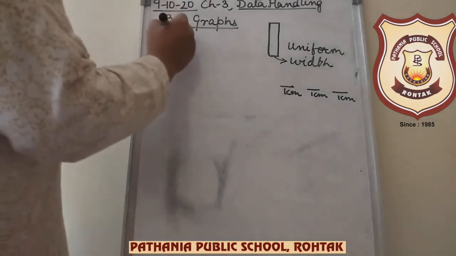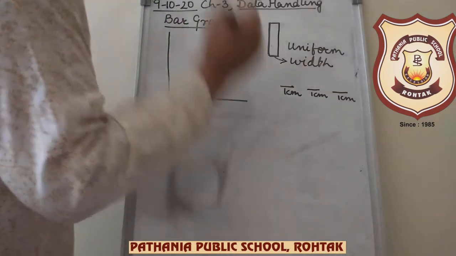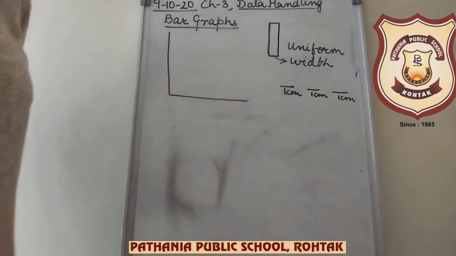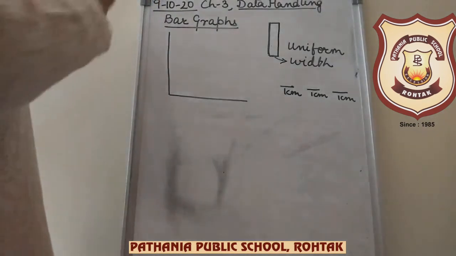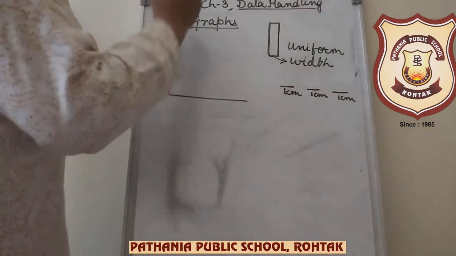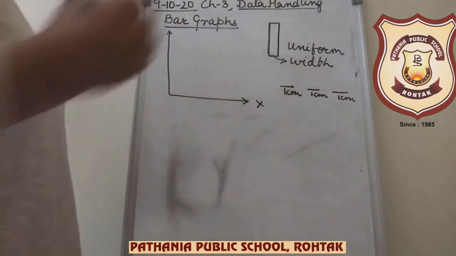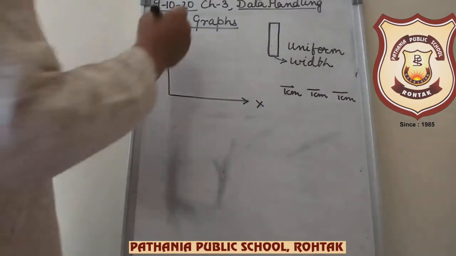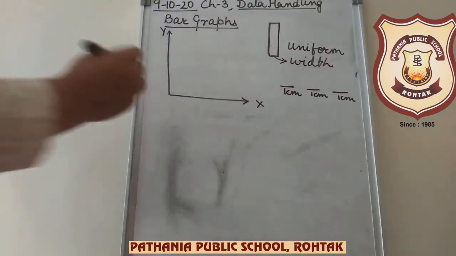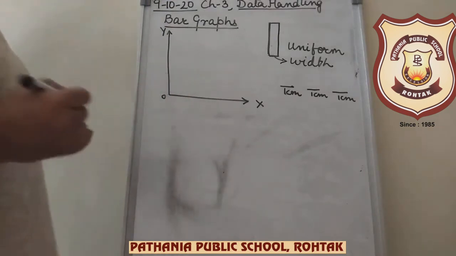First I will show you. These are the two lines, one is vertical and other is horizontal, which we draw on the paper to draw the graph. This horizontal line is called the x-axis and the vertical line is called the y-axis, and the point where they join, that value represents 0.